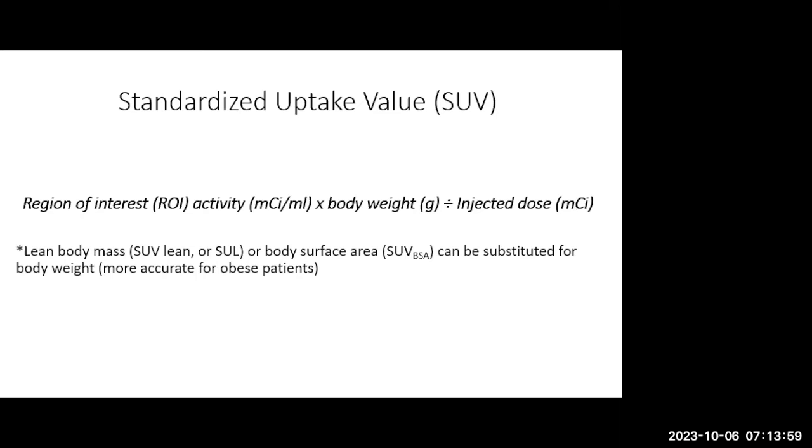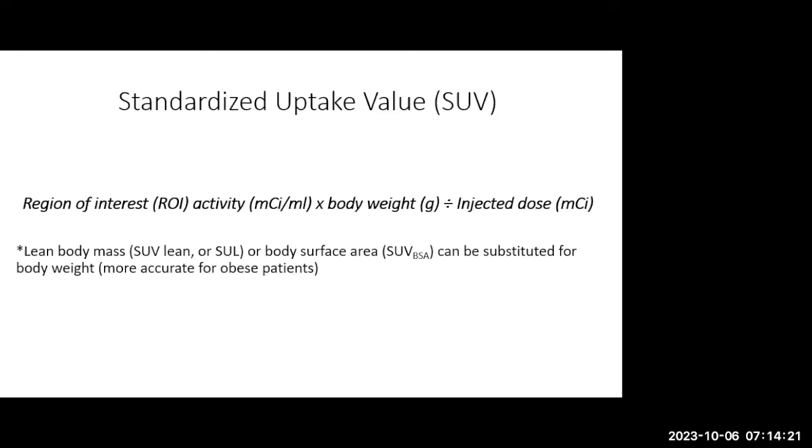Just for a general idea, usually an SUV of about 2.5, which is more or less what the liver typically shows, is what is considered normal uptake, if you will. But that, of course, cannot be generalized because it's much more complicated than that.